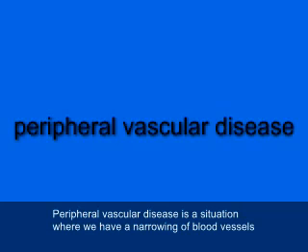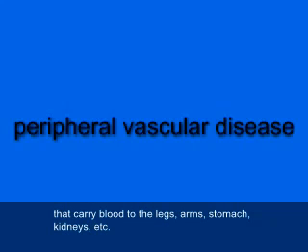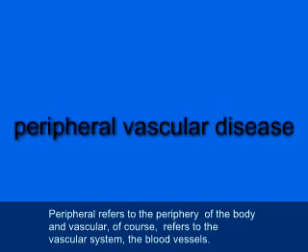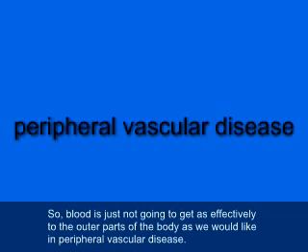Peripheral vascular disease is a situation where we have a narrowing of blood vessels that carry blood to the legs, arms, stomach, kidneys, etc. Peripheral refers to the periphery of the body, and vascular, of course, refers to the vascular system, the blood vessels. So blood just is not going to get as effectively to the outer parts of the body as we would like in peripheral vascular disease.